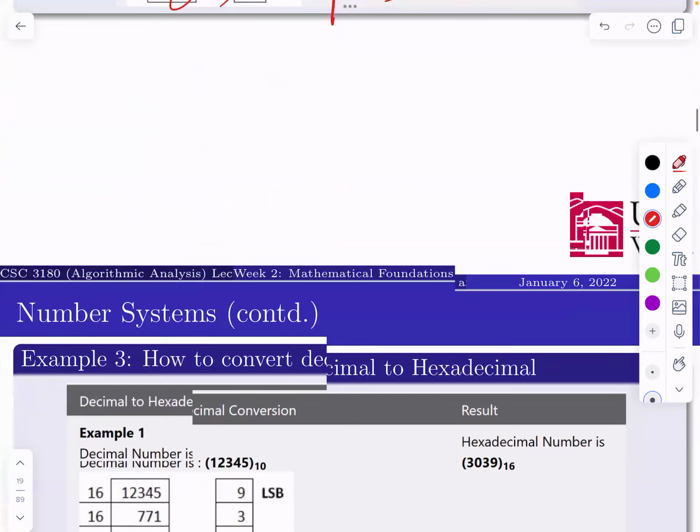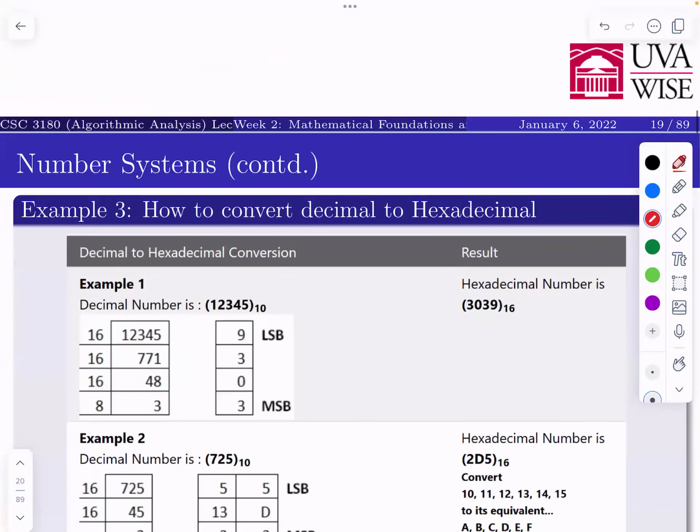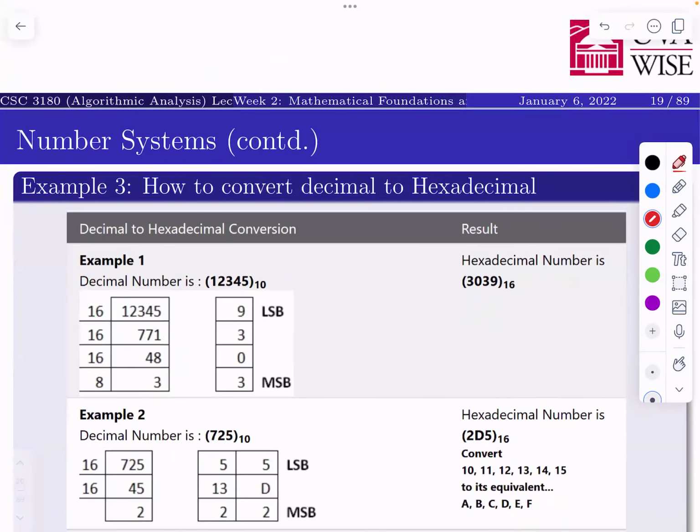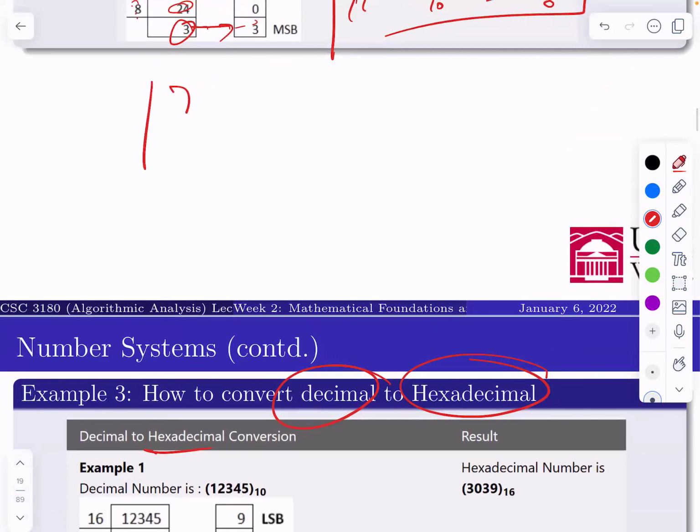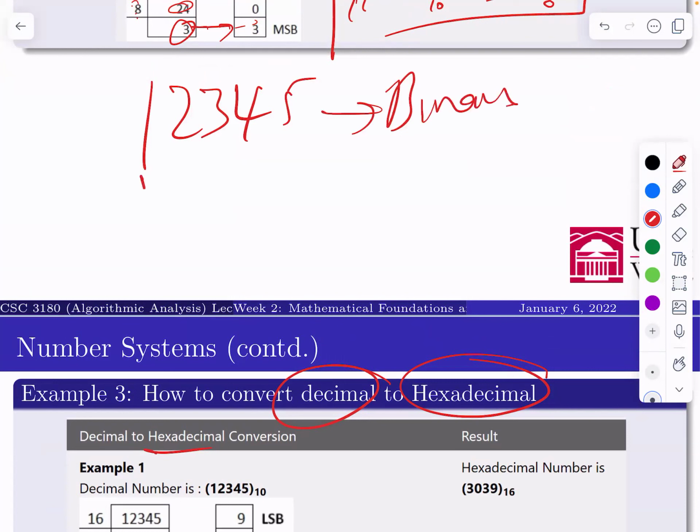Okay, and you can also convert a decimal number to hexadecimal. See, we picked the same number here, 12345. We converted it to binary. We also converted this number to octal.